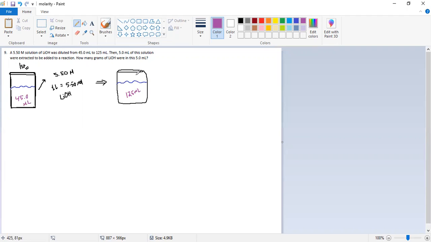But then the ultimate question really asks us how many grams of LiOH. The ultimate question says that from this diluted solution, right? Not this one, but this diluted solution, we're essentially taking a sample. So you have basically a small sample of the same solution, but the one that is diluted, and this sample in terms of its size is 5.0 milliliters, right?